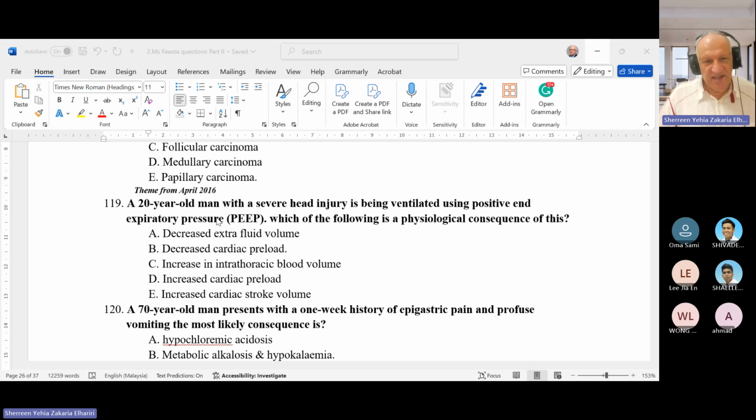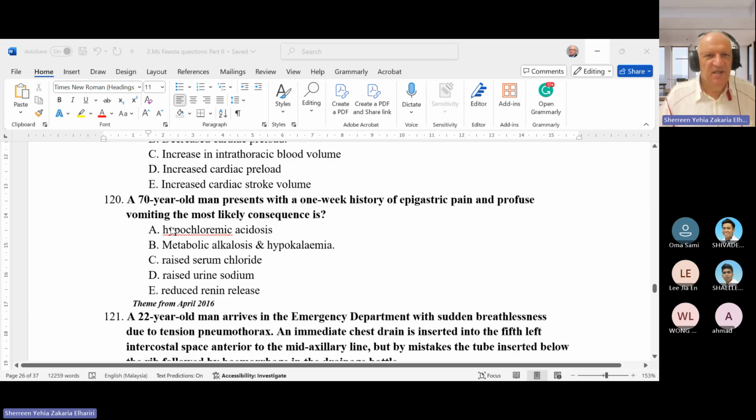Okay, so say again, decrease? Cardiac preload. Yes, so decrease cardiac preload. It is important to know that if the patient is on PEEP system, they give a falsely high CVP. So if they found the patient has CVP 15 or 20, it is on the ventilator. In the PEEP system, like ventilators have many types, we have intermittent ventilation and positive end expiratory ventilation.